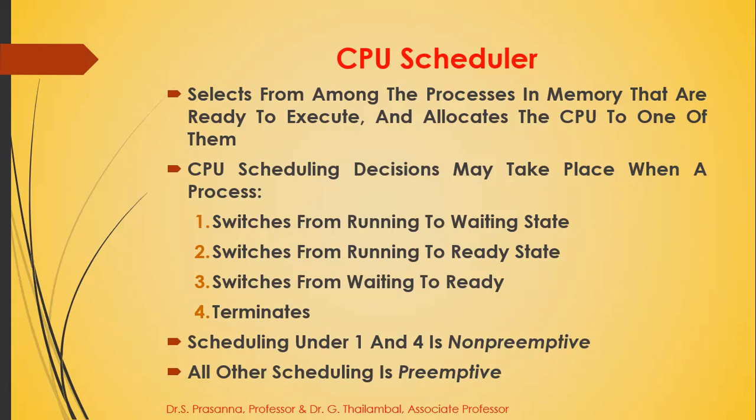From waiting to ready, a decision is made. And when the process is going to terminate, a decision is made. You have two types of scheduling: non-preemptive and preemptive. Scheduling under 1 and 4 is non-preemptive, and all others, 2 and 3, are preemptive scheduling.